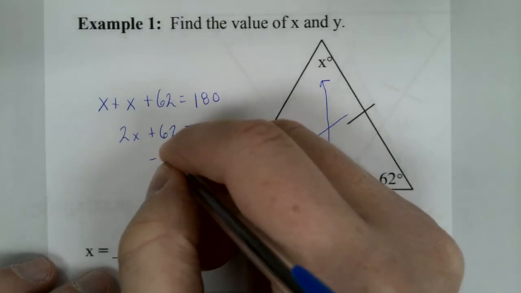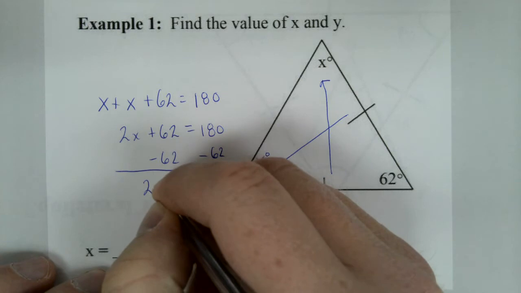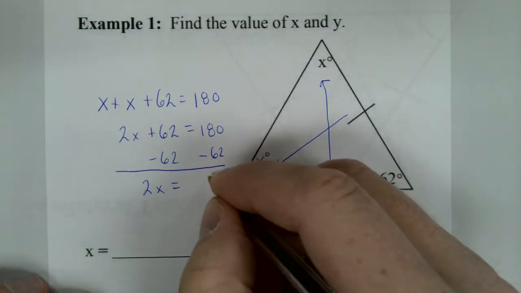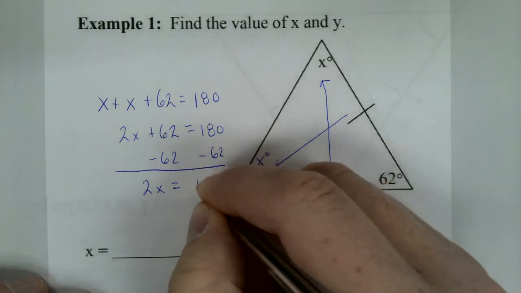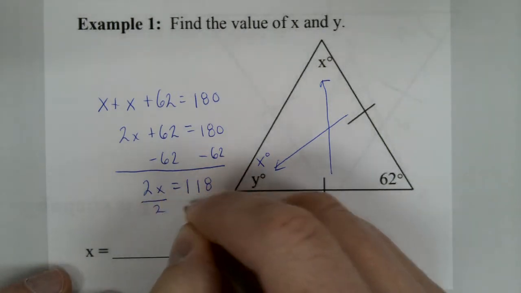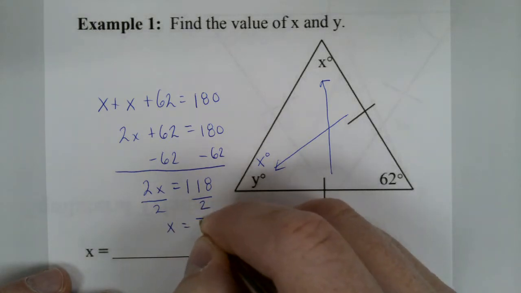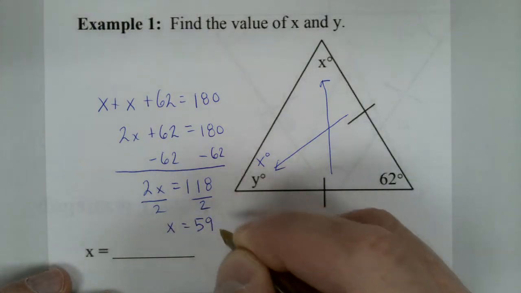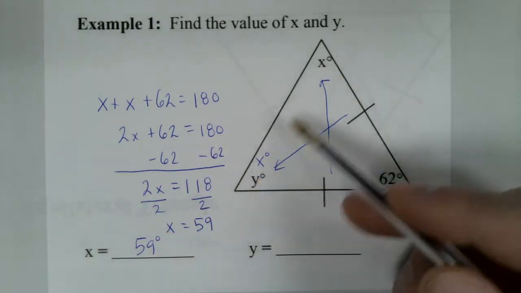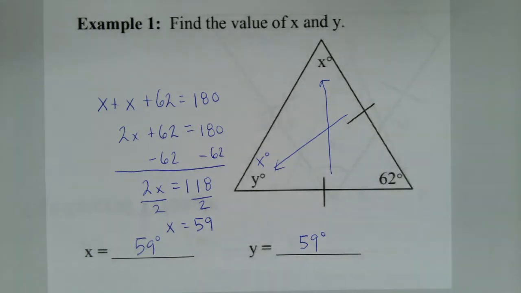If I subtract 62 from each side, I get 2x equals 180 minus 62, which gives me 118. And if I divide by 2, x is going to be 59. And as we said before, x and y are both the same. So if x is 59, y is also 59.